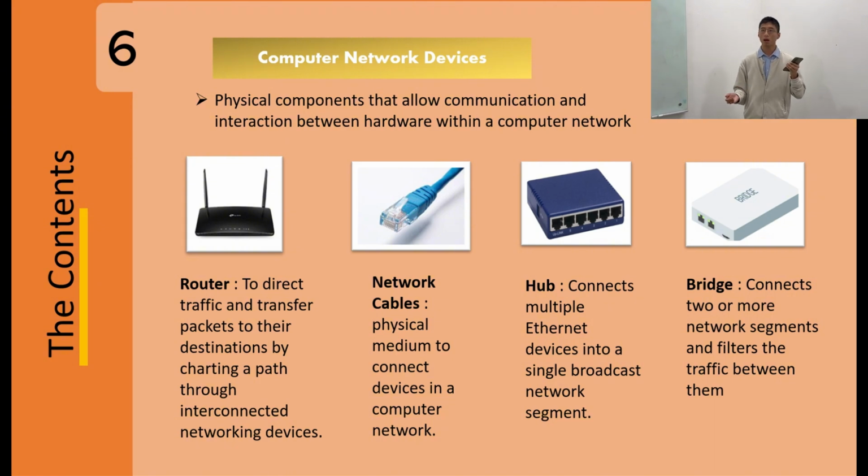For example, we have the Wi-Fi router, which is able to facilitate communication between devices in a single home. Most importantly, we have network cables. It's a physical medium that facilitates communication between the hubs, routers, and bridge.